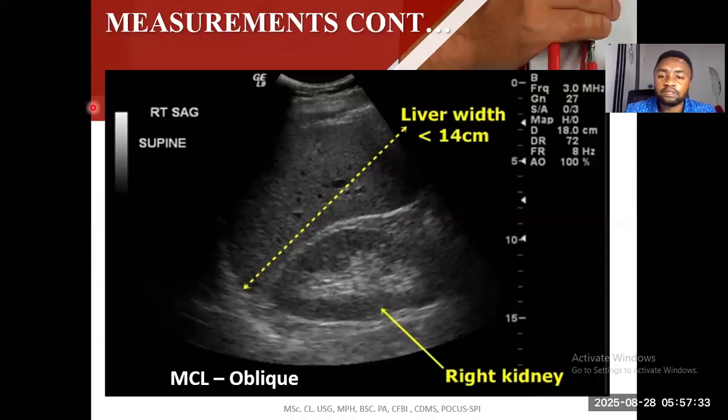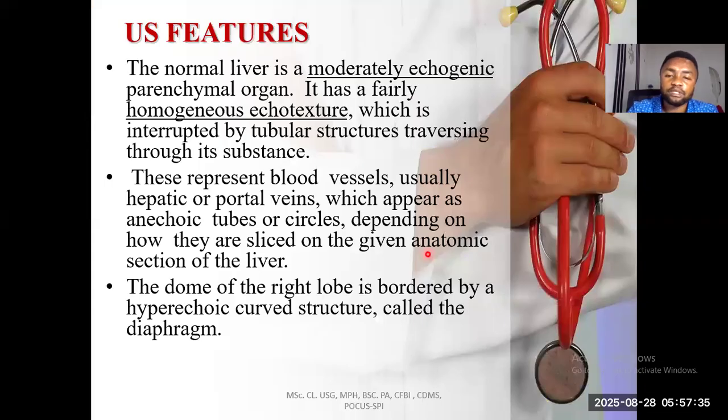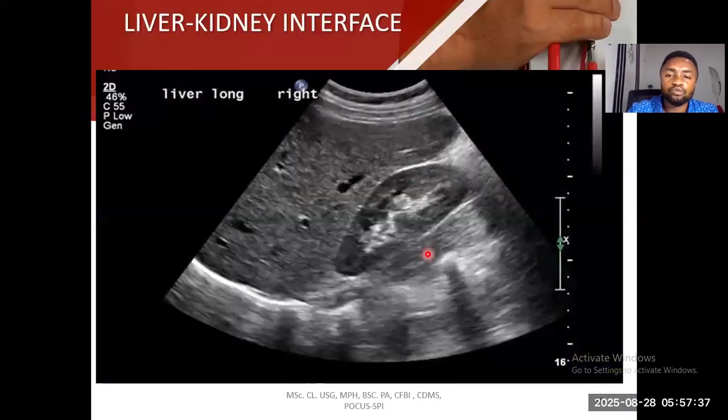Okay, let's see if I have other images. Sometimes you get the liver like this. Here I have the left lobe nicely, but have you seen the right lobe? All these places are cut off because you cannot get the full liver.